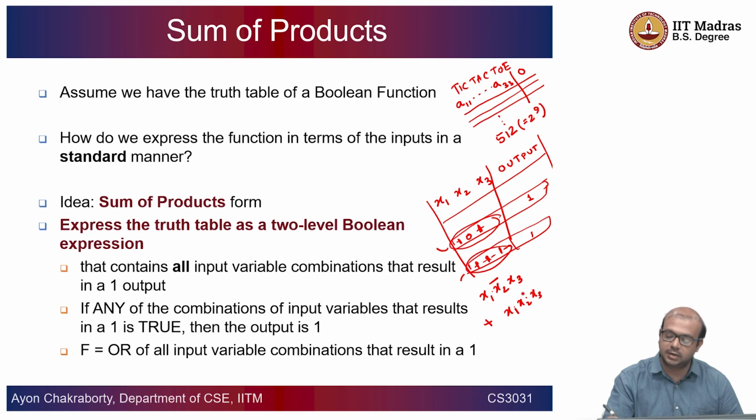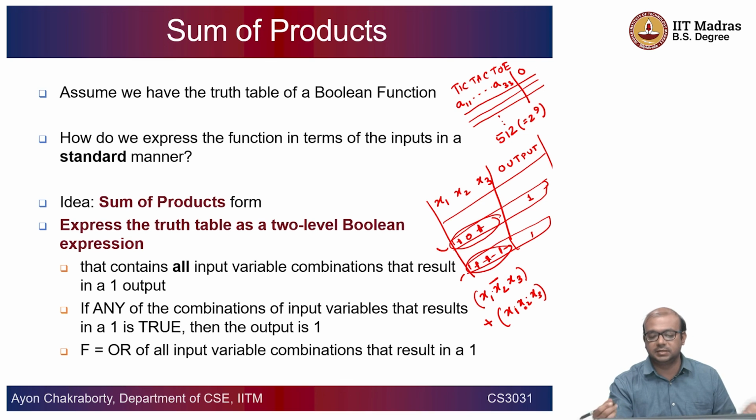You have a dot, right? Sometimes we forget to write the dot, but this is assumed to be an AND operation. So if the first expression is true, the output is 1, or if the second expression is true, the output is also 1.